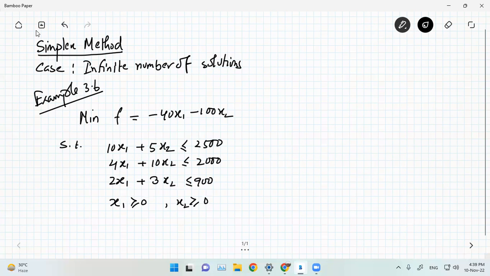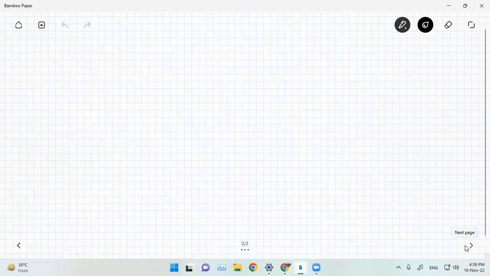So basically we have three constraints and two variables. The next step is to formulate the standard form. It will be better to use the next page, because we have to form the table as well. So now the standard form will come from minus f minus 40x1 minus 100x2.